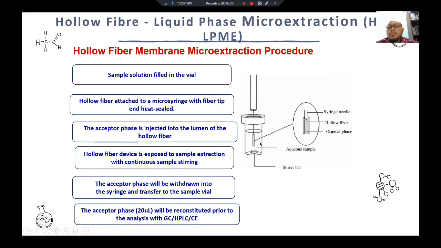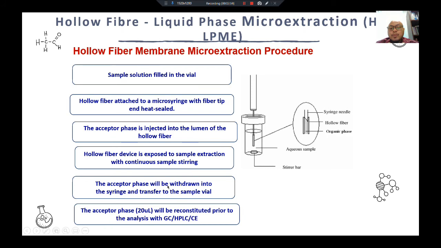Okay, kalau sample matrix kita aqueous, kita kena guna acceptor phase yang non polar lah. Kalau donor kita adalah polar, acceptor phase adalah non polar. Kalau donor kita adalah non polar, acceptor phase ni adalah polar. Okay, so dia kena ni, sebab kalau tak nanti dia akan leaching out.